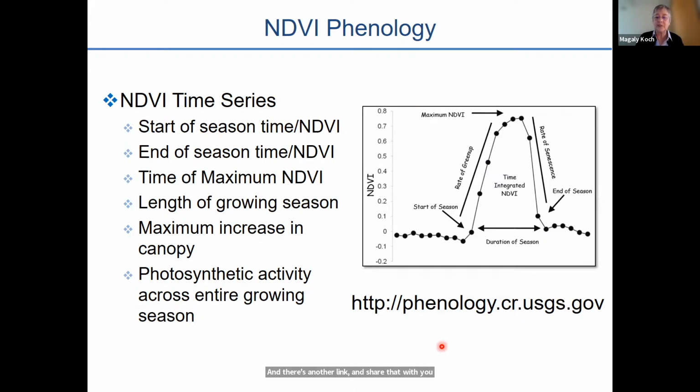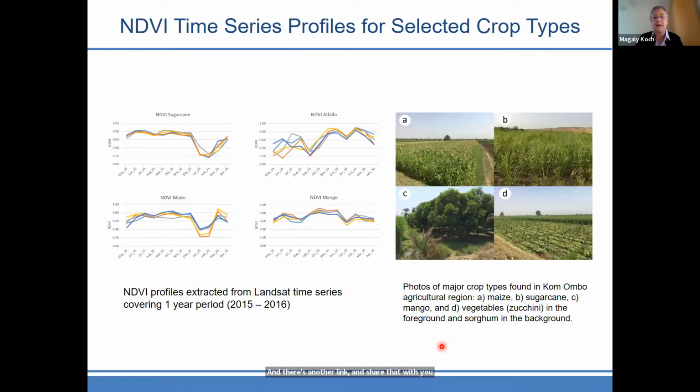It's very interesting to see what type of products they have. So based on that, we performed this exercise again in our area here in Komombo, near Aswan. We went to the field. We took some pictures, as you can see here.